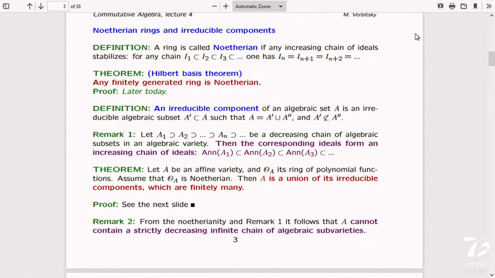He just started it, but he already had this notion and this particular theorem, which I'm going to tell you. It's now called the Lasker-Noether theorem.